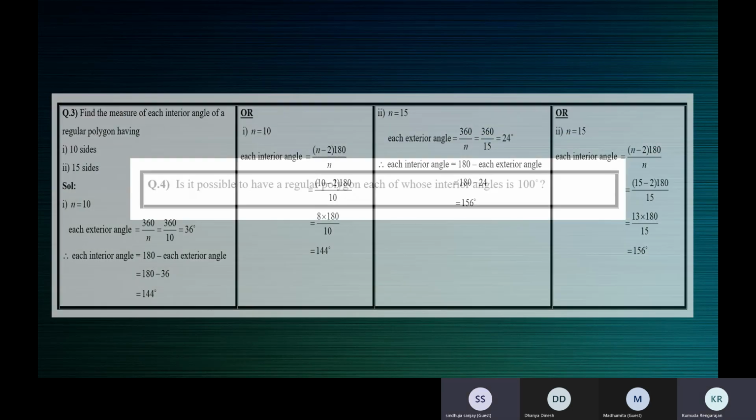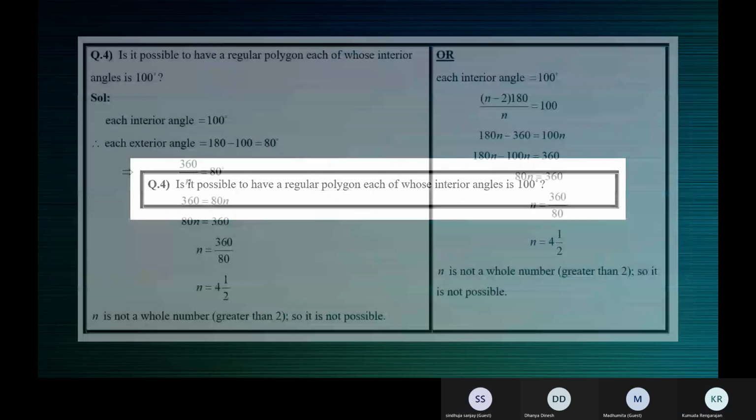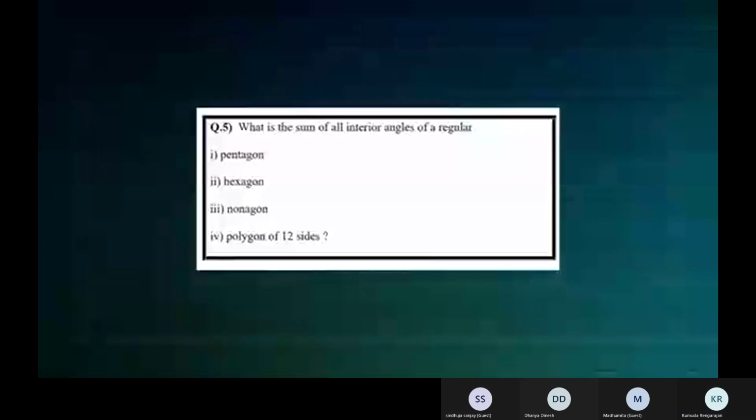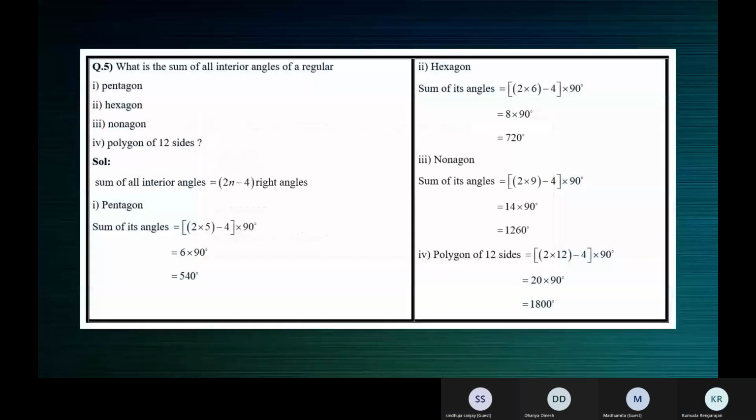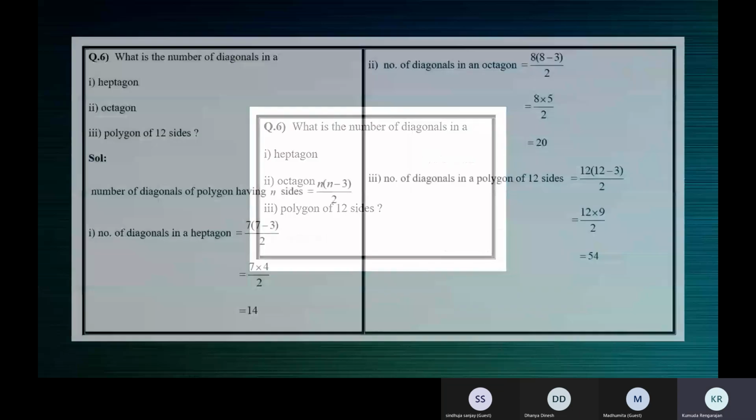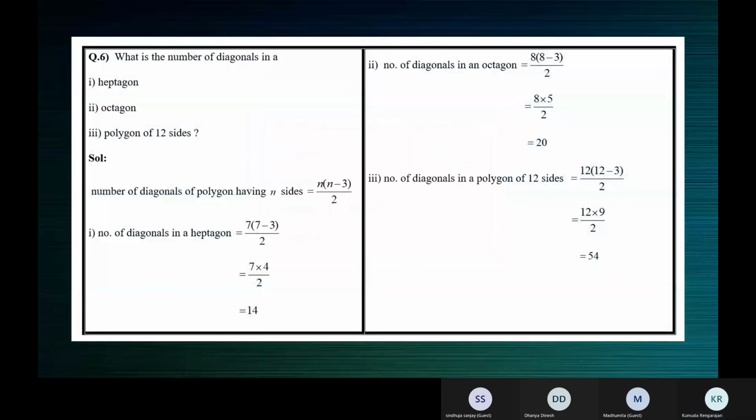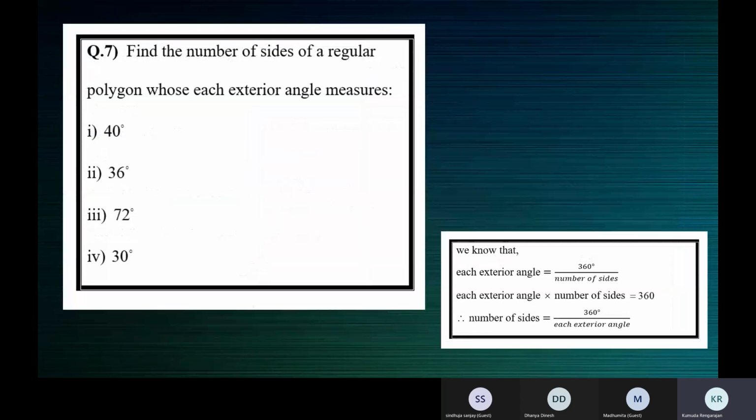Yes, we finished all this. Diagonals. Did we talk about this, children?